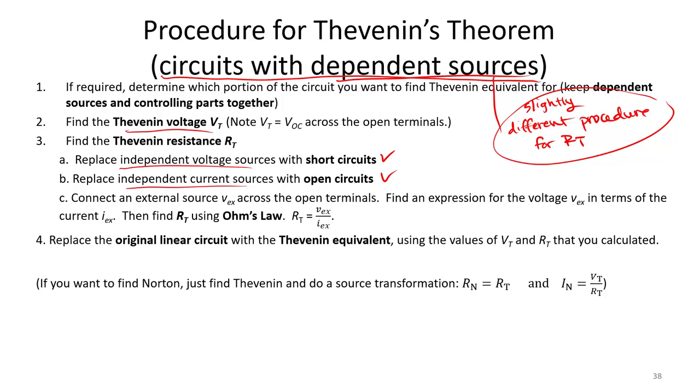So what we do instead is we connect an imaginary external source, I call it VEX, and we use the fact that Thevenin resistance is given by voltage divided by current, so we can basically find an expression for VEX in terms of the source's current IEX. And then we use that to find our Thevenin resistance. Then, like before, we determine our Thevenin equivalent, and we can use a source transformation if we want to find the Norton equivalent.